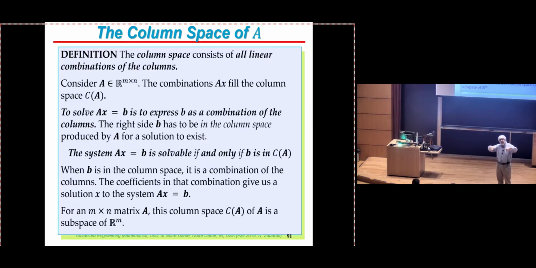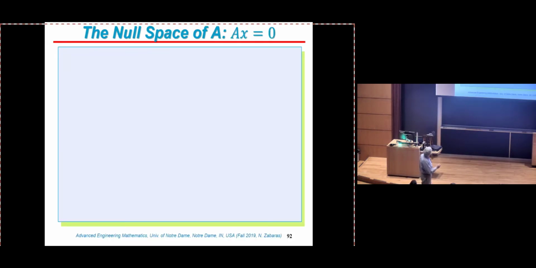So Ax belongs to what space? The column space of A. So the only way for Ax equal B to have a solution would be for B to belong to the column space. Done. If B is not in the column space of A, this system has basically no solution. Okay? And again, we will see this later on.